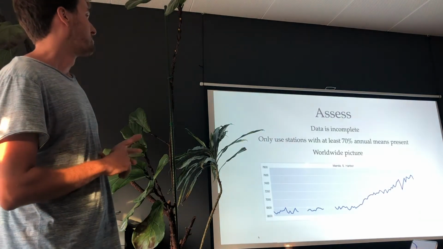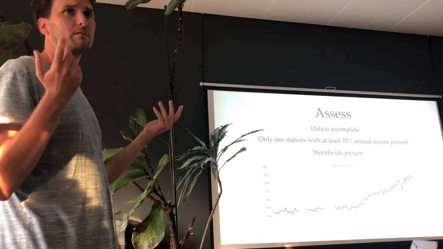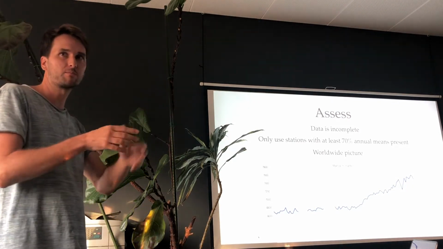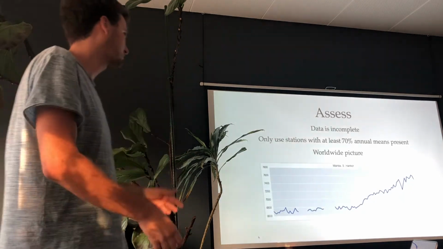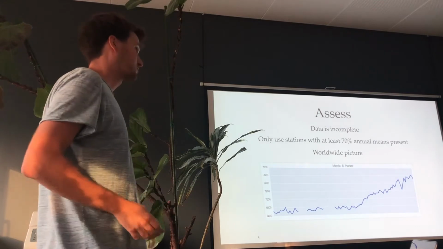So maybe you have a station and they have only data for 2 years, and then I don't know what happened. I didn't really research every station, but something went wrong, or they moved it, or they lost the station.